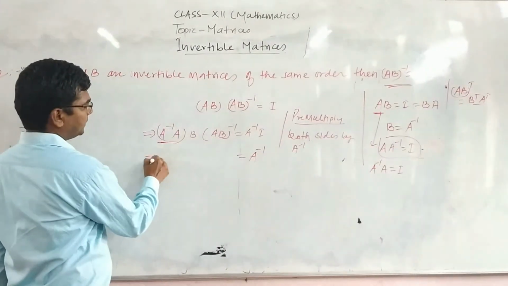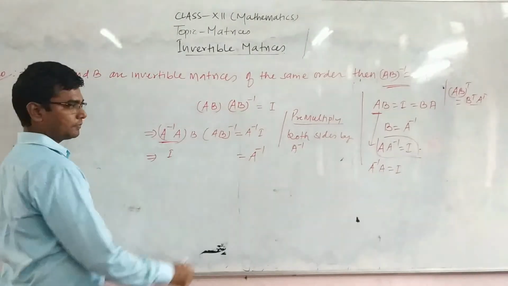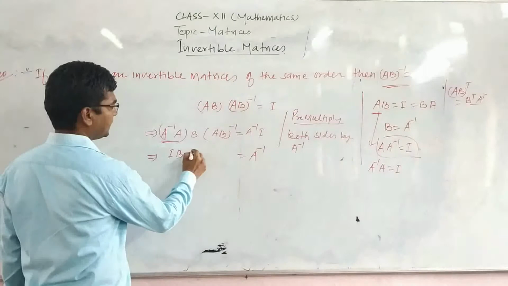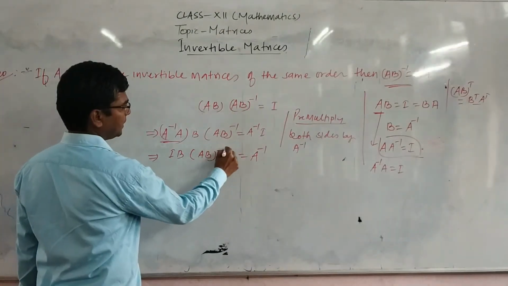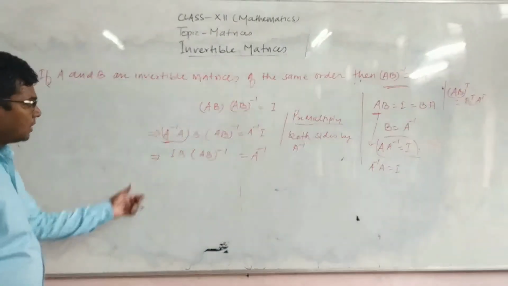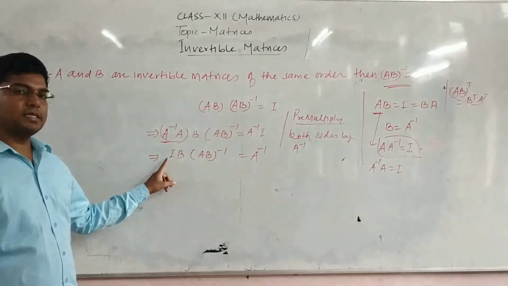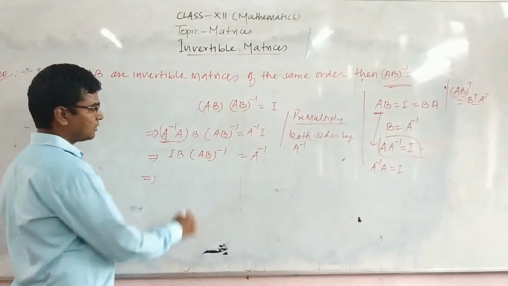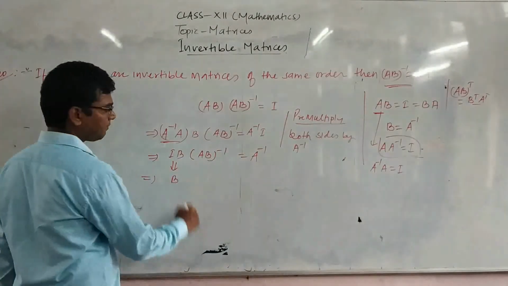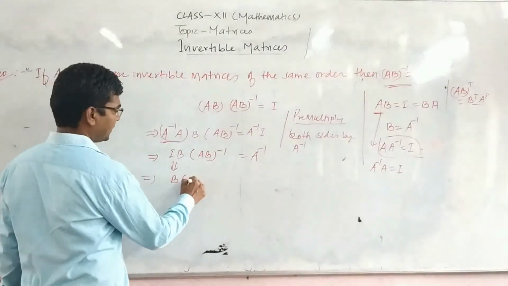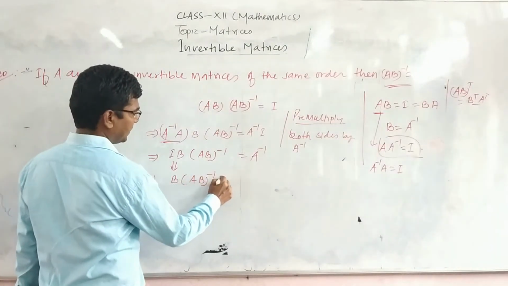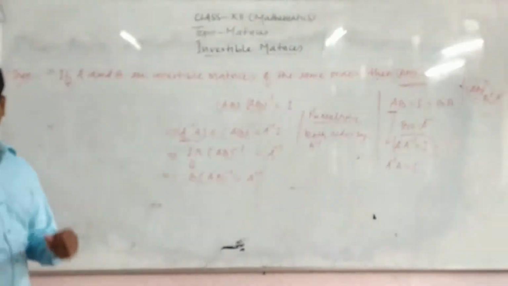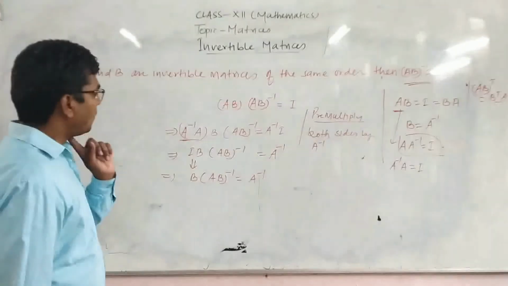So it will be your identity matrix by the definition, and this is matrix B, and this is AB inverse. Definitely the output will be B matrix. So it will be AB inverse is equal to B A inverse. Yes or no? Clear?